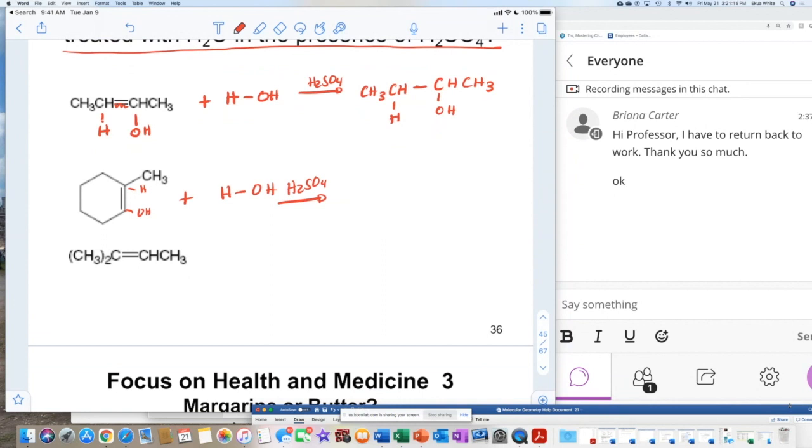In one case, the H adds to the top carbon, the OH adds to the bottom. So we get this structure right here. CH3, the H adds here, so it disappears. Then the OH adds here. So they usually leave this H out. It's implied that it's there. In another case, these flip. The OH adds next to the H, then the H adds, the OH adds next to the CH3, then the H adds on the other side.